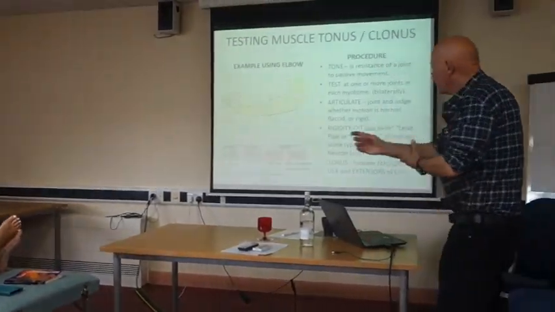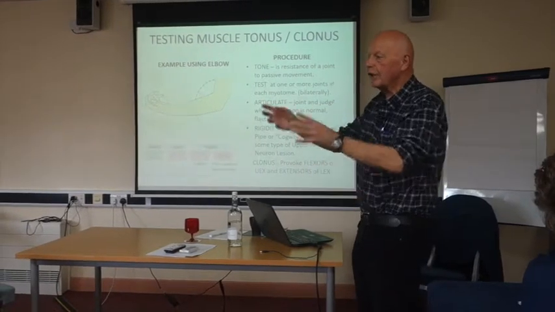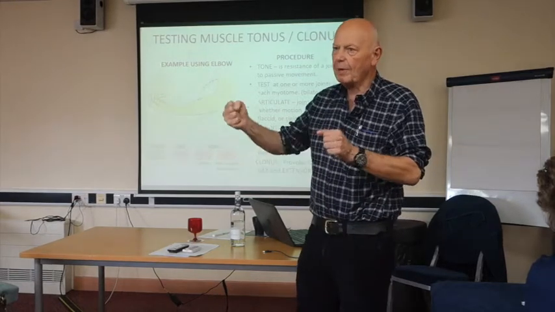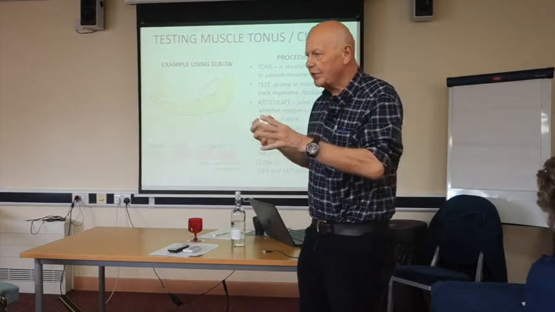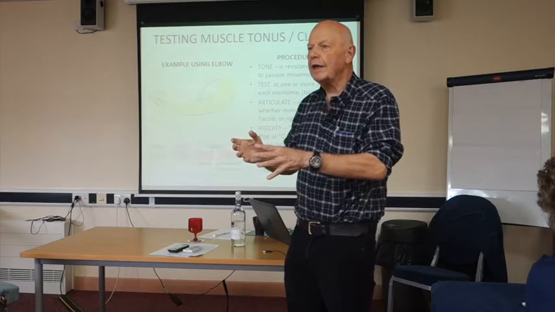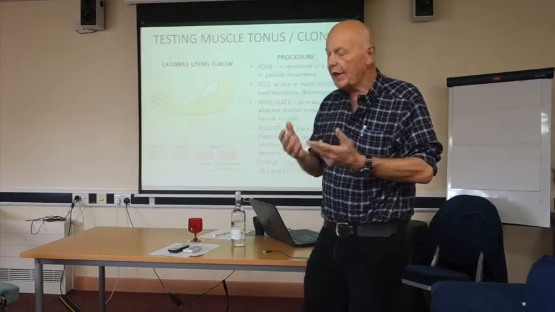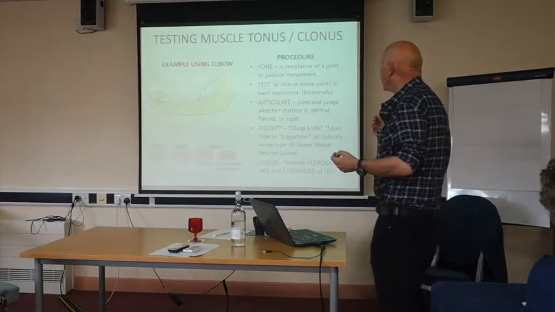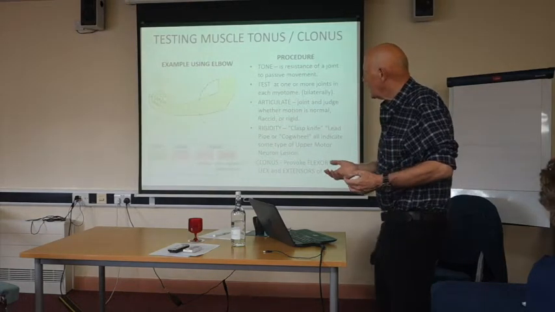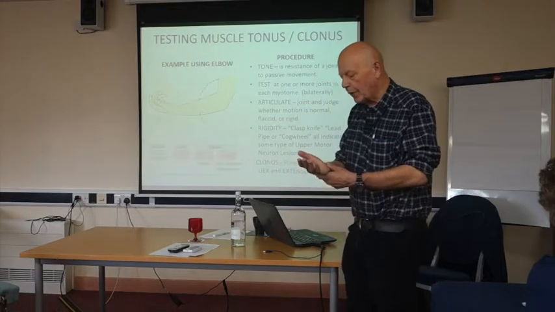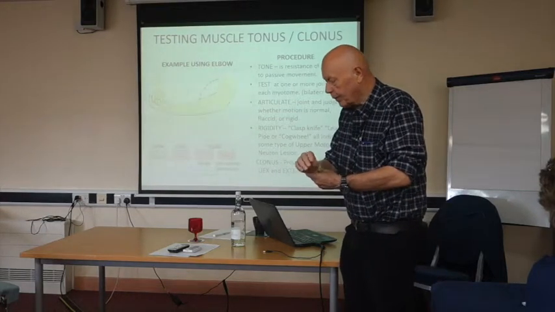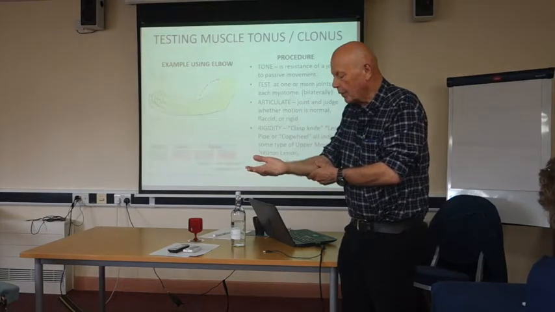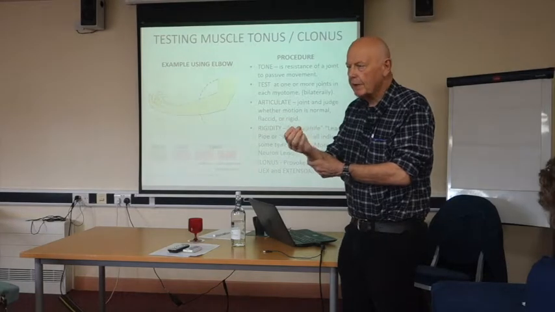If you get the tone test, and it's not all nice and easy like that was, but it's a bit stiff, a bit difficult to move, and she's not deliberately resisting me, it's coming from the body, then you might want to analyse it a bit further and see what type of rigidity you've got. You can get what used to be called spastic rigidity, which is also called clasp knife.